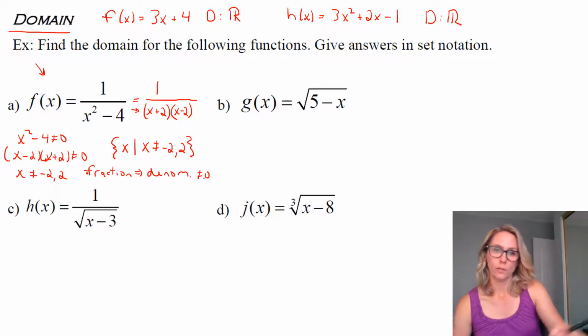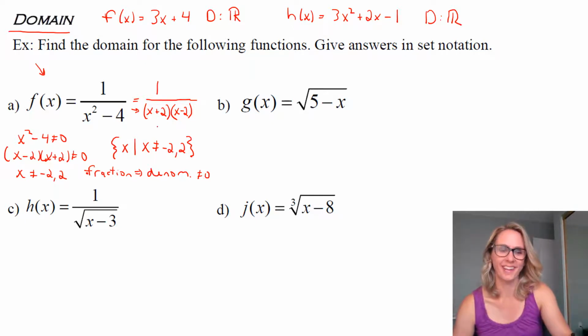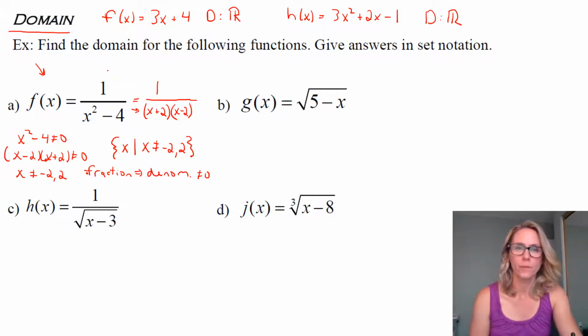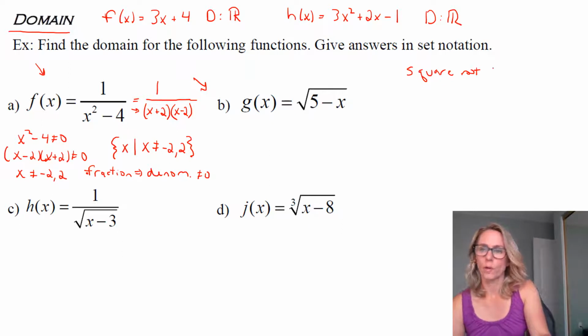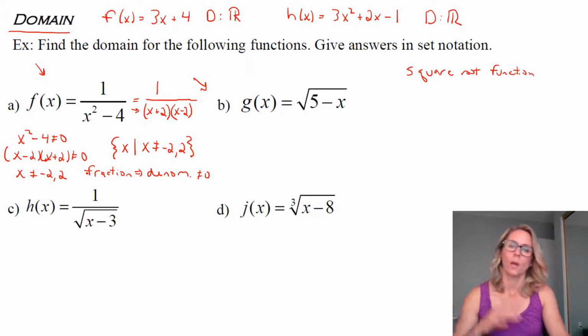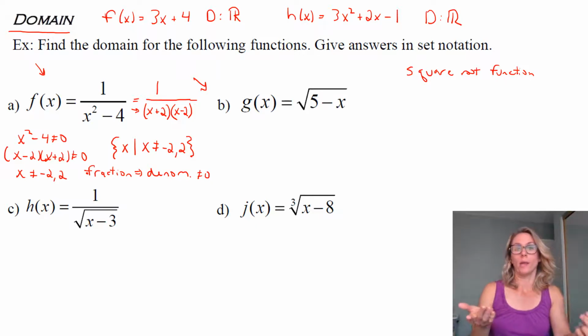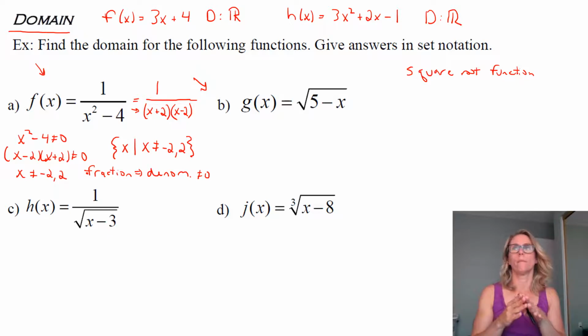For part B, or letter B here, I do know the difference between letters and numbers. We have a square root function. What you want to understand is that when we're talking about domain, we're talking about functions.